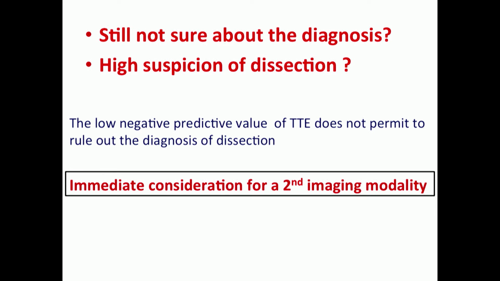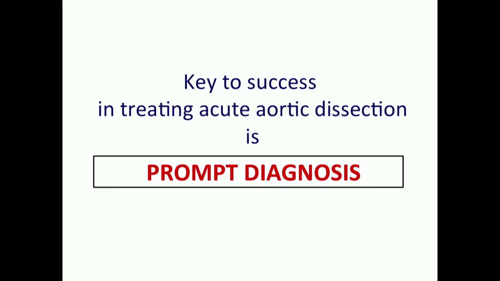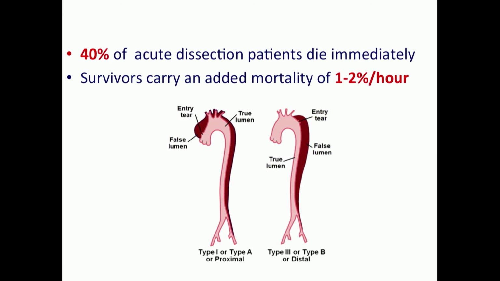So the guideline says you go immediately for the second imaging modality because the key to success in treating acute aortic dissection is prompt diagnosis, as 40% of the acute dissection patients die immediately. And those who survive carry an added mortality of 1 to 2% per hour, which is very high.